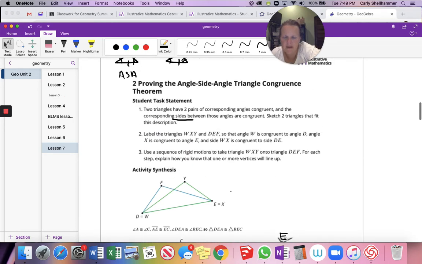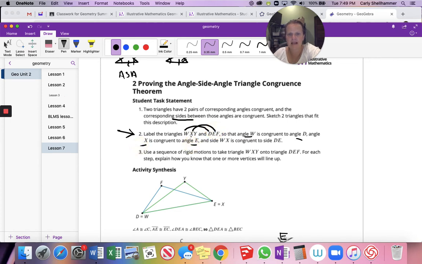Cool. I didn't even read the rest of these, so I did not label the triangles that they wanted to. So the angle W is congruent to angle D. We know they're congruent because that's the first and the first, so that is angle W and angle D. And then angle X is congruent to angle E, which is fine.